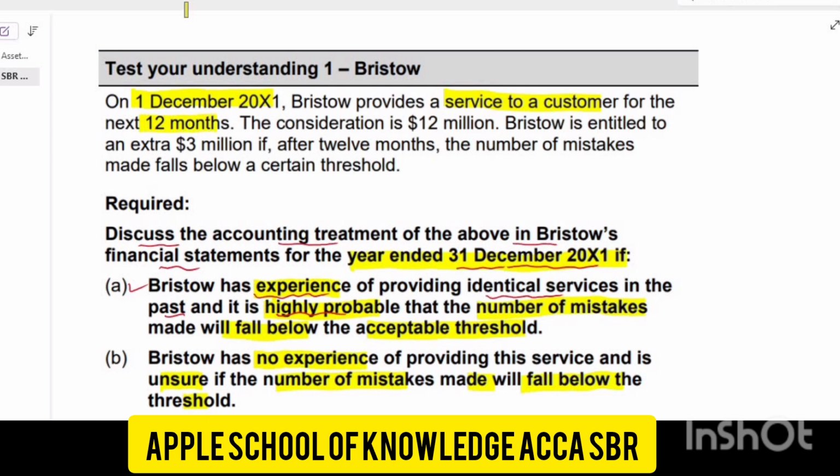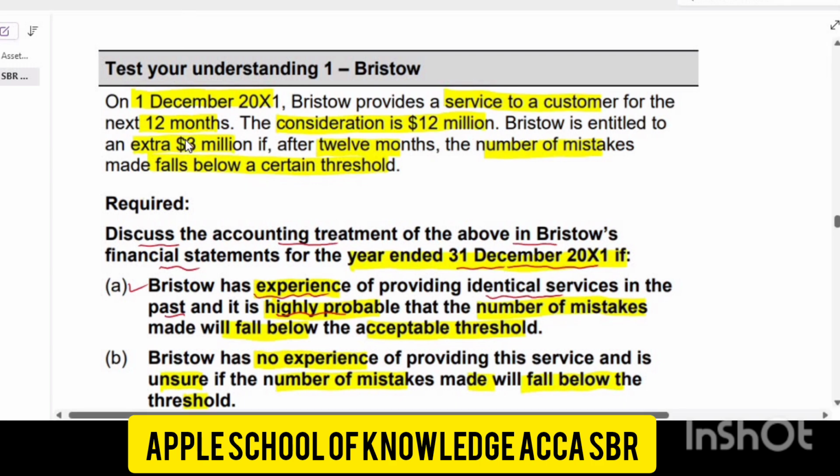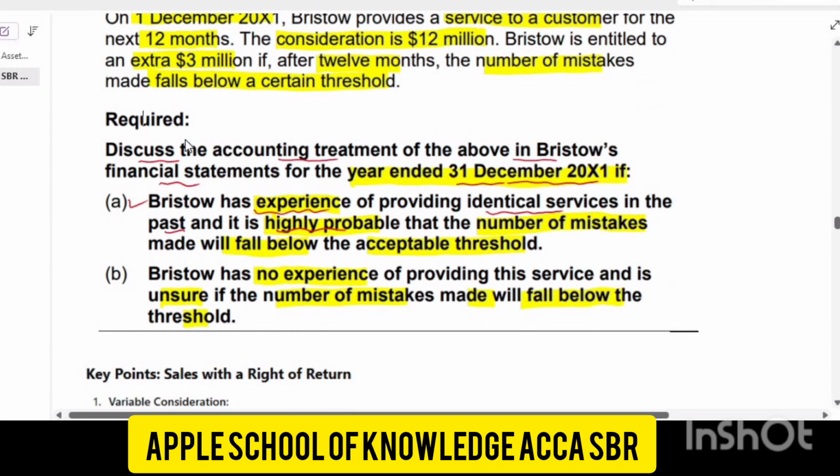Clear? Now the consideration is 12 million, and B is entitled to an extra 3 million if after 12 months the number of mistakes made falls below a certain threshold. So in one case you have option number one, requirement number one.